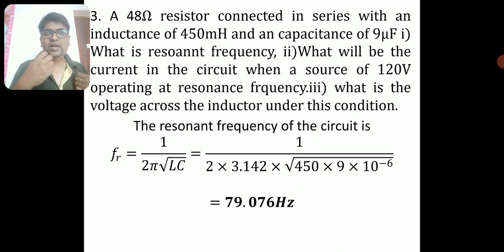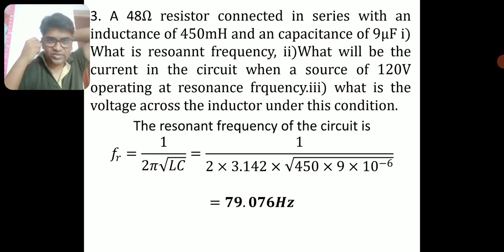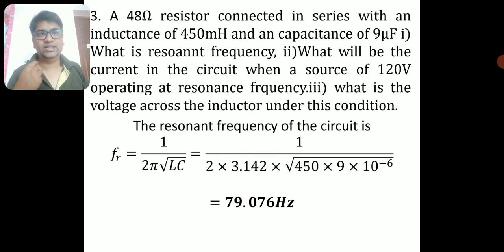Now, the first thing I am told to calculate is the resonant frequency. The very simple formula for resonant frequency is Fr is equal to 1 over 2 pi root LC. I can easily apply the formula: 1 over 2 into 3.14 into root of L, where L is 450 millihenry.